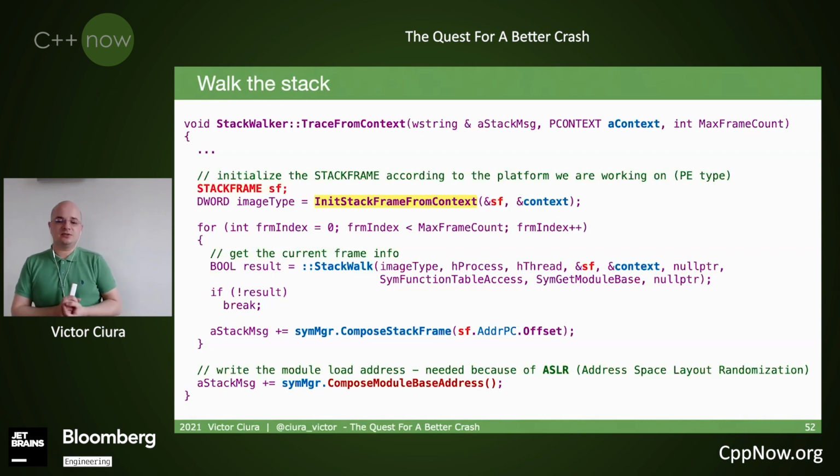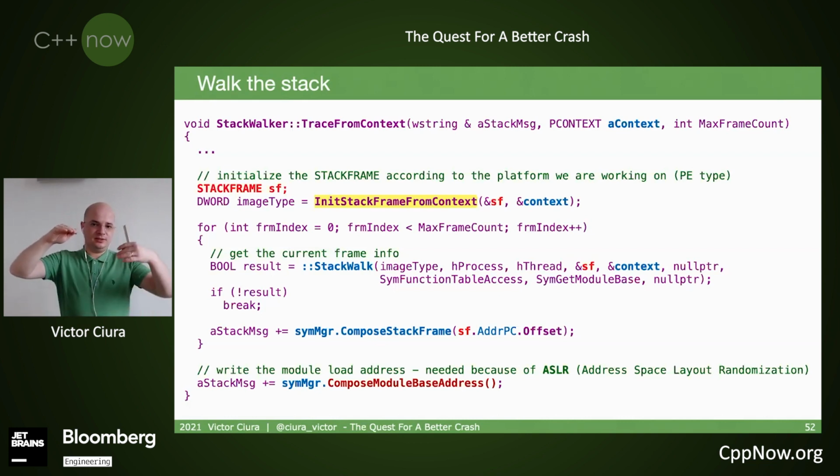So basically, up until ASLR was a thing, each module was loaded at a particular address in a host process. So you could predict each module.